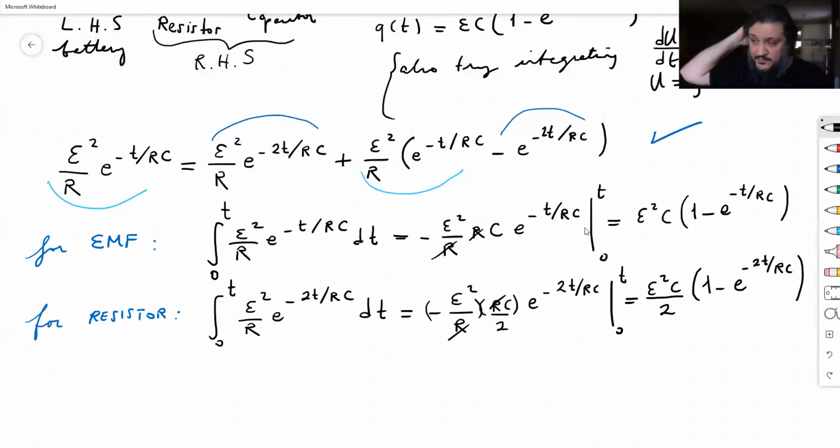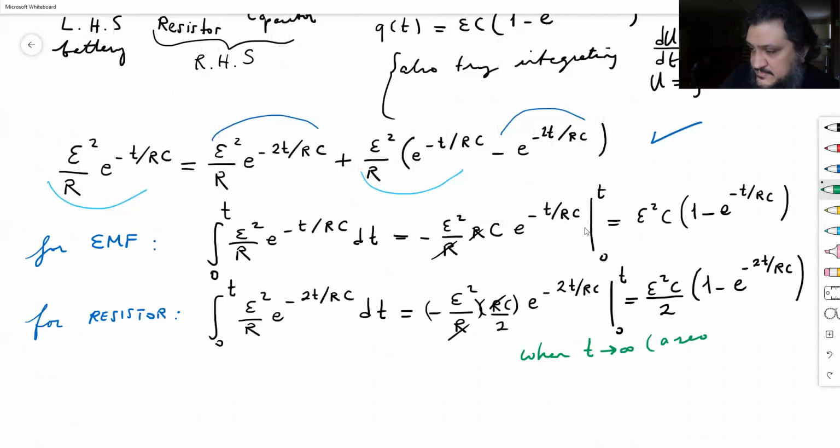Okay, so if you wait long enough, means t goes to infinity, the second term will be 0. Practically a second is more than enough. But when it happens, e to the negative infinity goes to 0. Therefore, the energy is E squared C over 2.